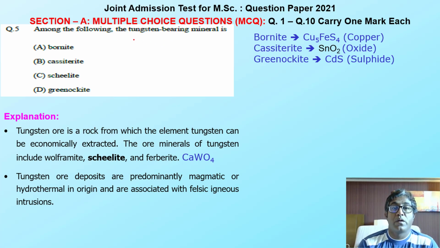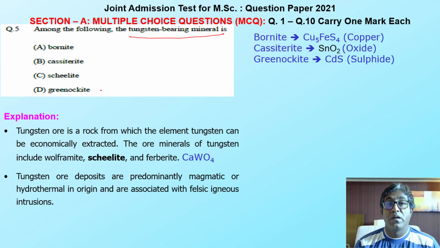Among the following, the tungsten bearing mineral is... means I have to identify in which mineral I will find the tungsten element, which will serve as an ore for tungsten. Okay, so you know bornite belongs to the formula Cu5FeS4 and it can serve for copper, whereas cassiterite serves for tin oxide, and greenockite serves for the sulfide.